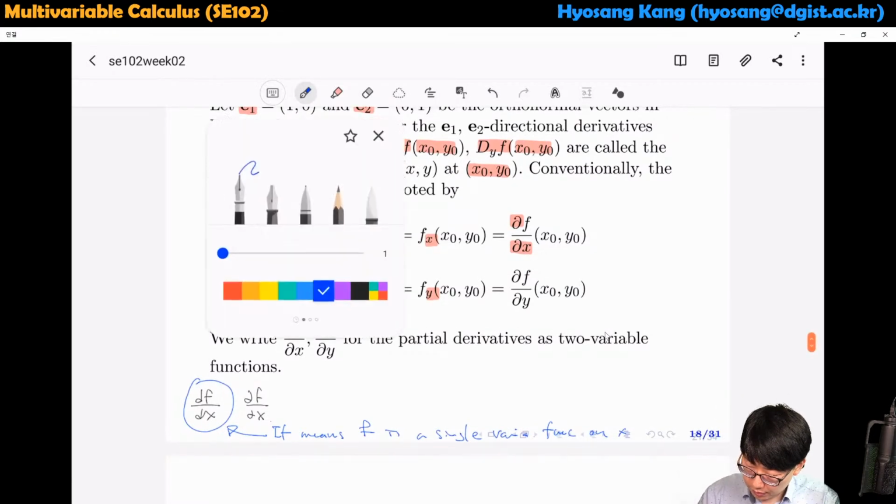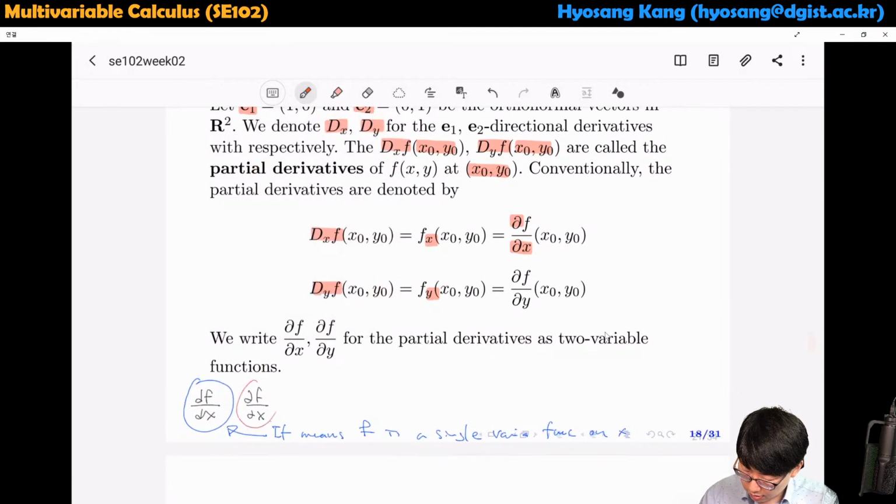But if you see this notation, the curly d, then it says f has x as an independent variable, but f has more.